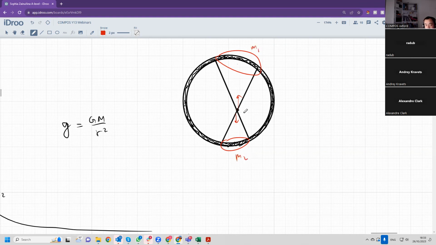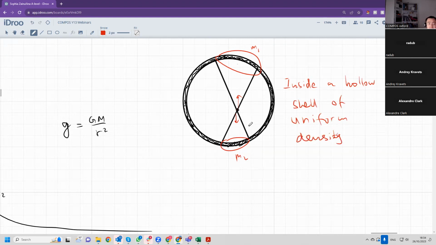M1, M2. It's further away, but there's more mass. And here it's closer, but there's less mass. It turns out that inside a hollow shell of uniform density, the gravitational field is going to be 0. Basically, you're being pulled equally in all directions, even if it is a big shell.